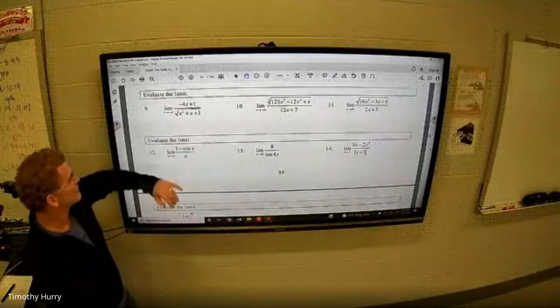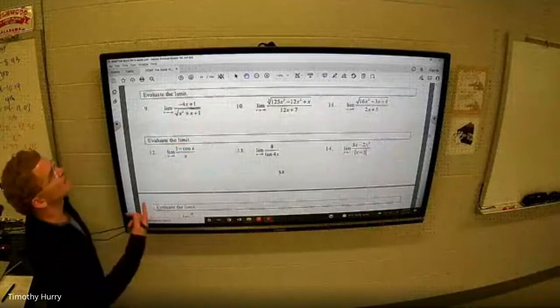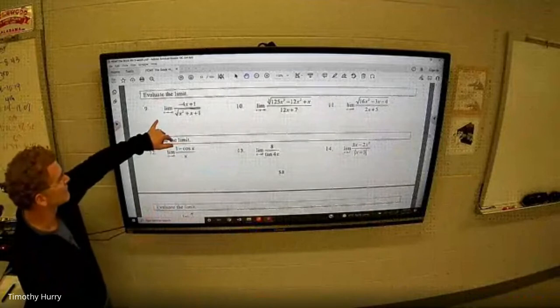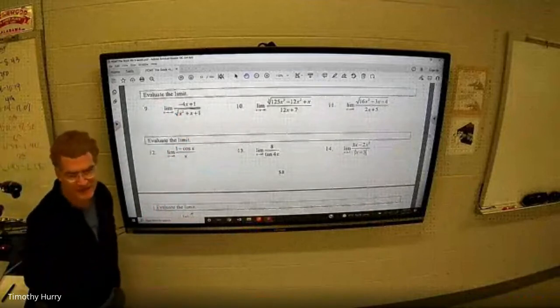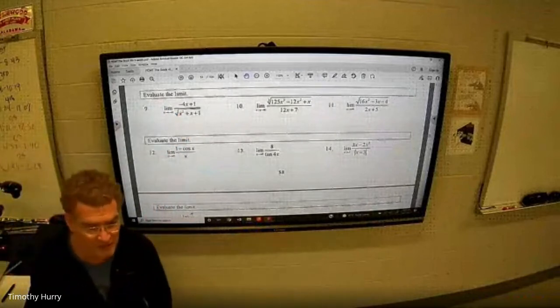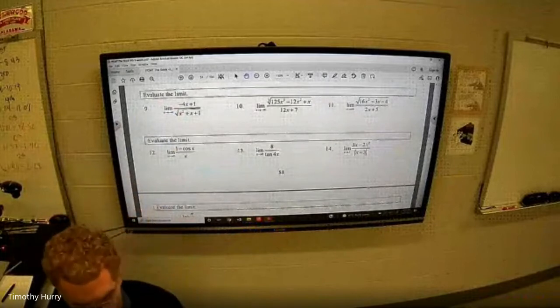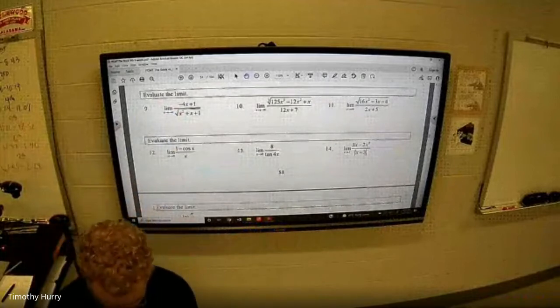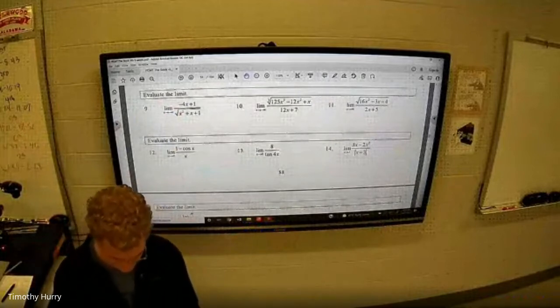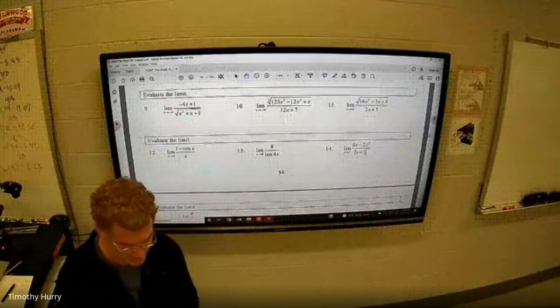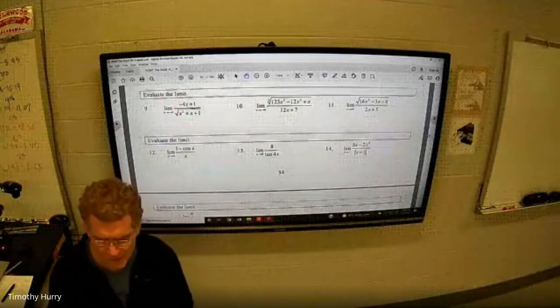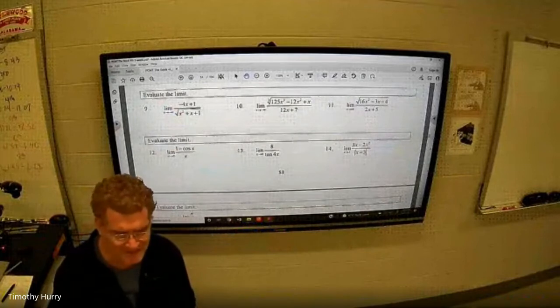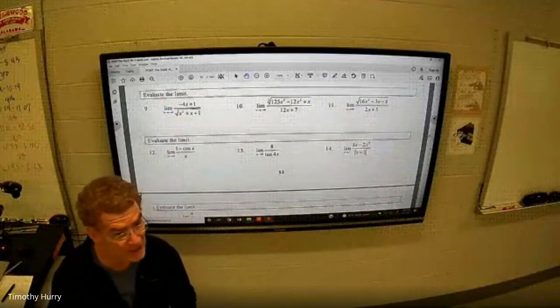Right here, evaluate the limit. Well, this goes back to some of the old stuff. We can relook at that. But right here, if I'm heading to negative infinity, do you have rules for fractions? Yes. What are they all about? The bigger power, what's growing the fastest? Now, square root of an x squared, that sounds a lot like an x, except it's absolute value.